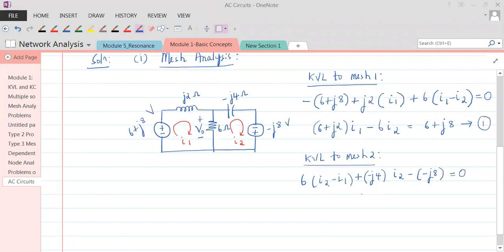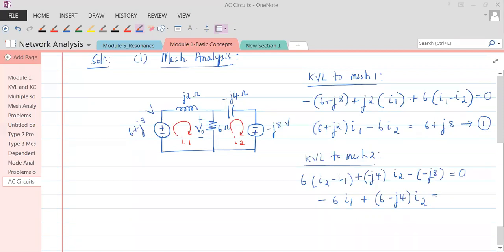Now again, separate the coefficients of I1 and I2. There is minus 6 I1. If you come to I2 here, (6 minus J4) I2. So it's plus (6 minus J4), brackets you need to be very careful with, I2.